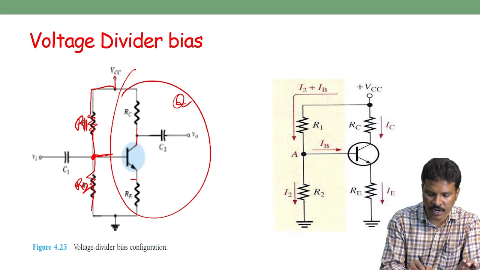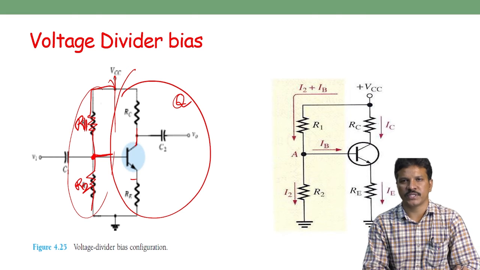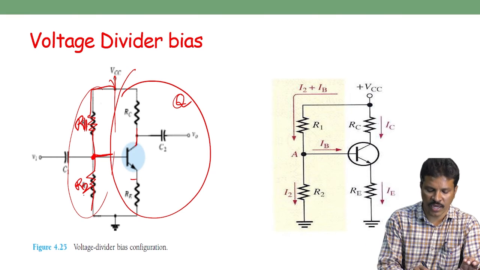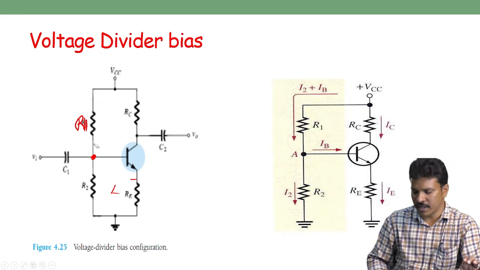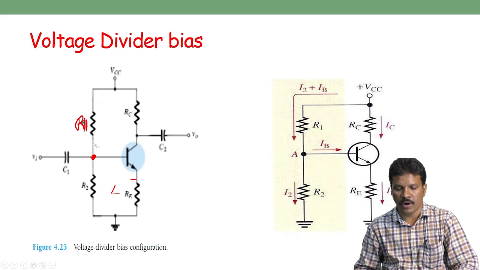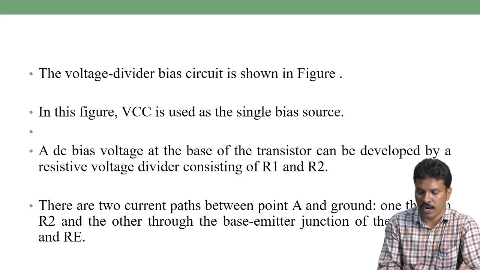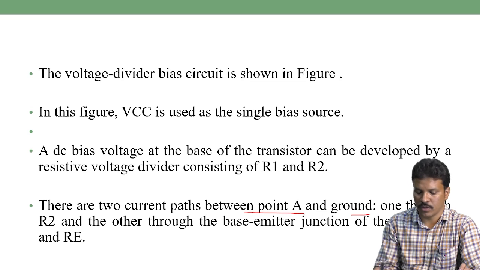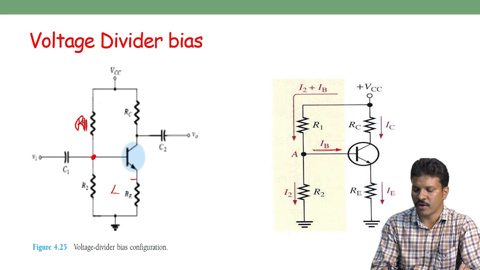This voltage division part can be minimized into a single voltage source in series with a resistor, so that we can apply Kirchhoff's voltage law at the input side. The resultant diagram for this input is VCC, R1, R2. There are two current paths between point A and ground, one through R2, another through the base emitter junction of the transistor. When the base terminal has microampere current, the total current divides into IB and I2; definitely these two are in parallel.